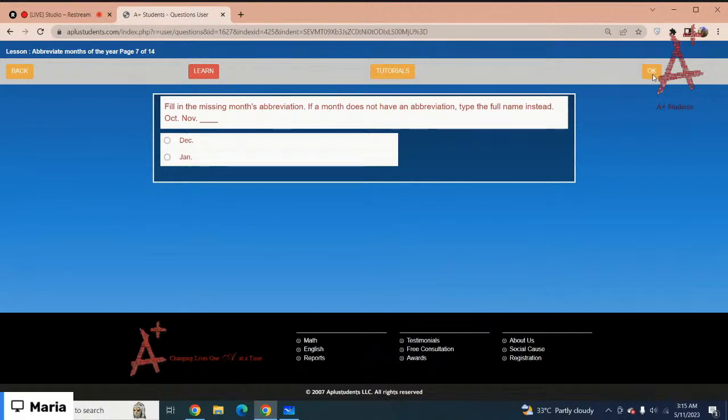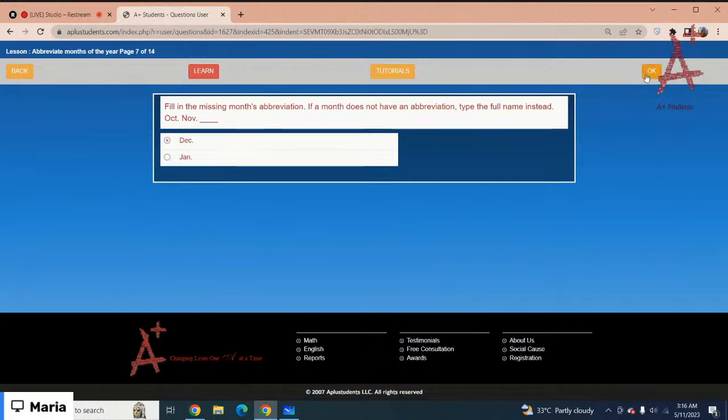Fill in the missing month's abbreviation. October, November, and which is the next month right after November? Yes, right after November it would be December.